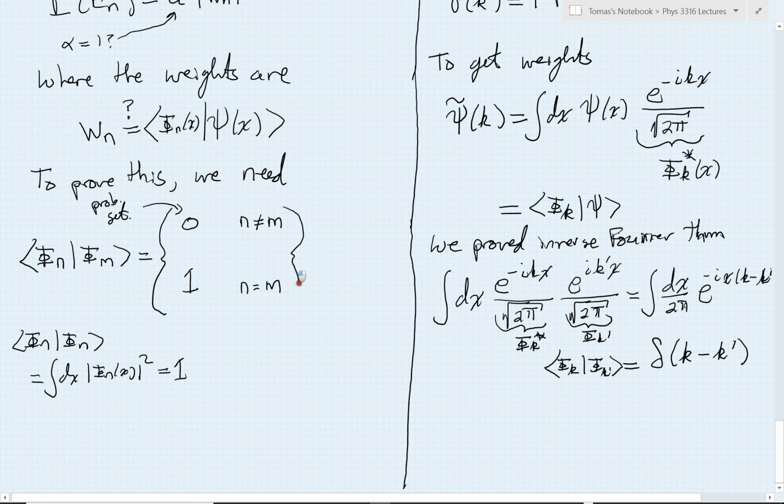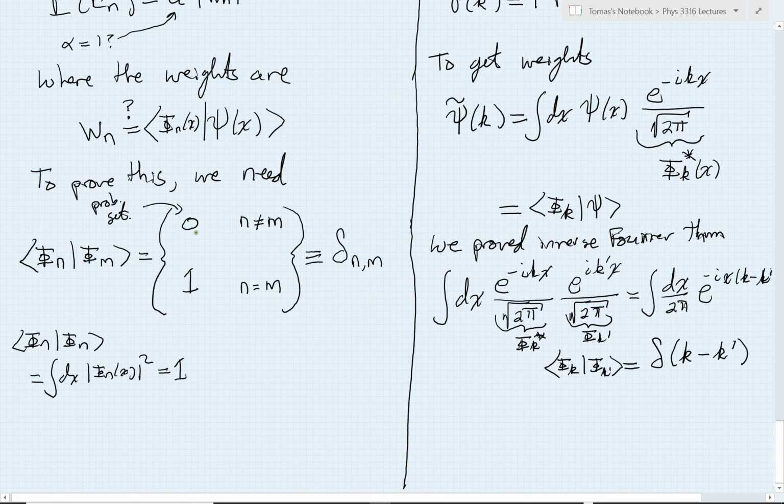This quantity comes up very often in these proofs, so it's very useful to give it a symbol or a name. Because of the close analog between what I'm finding here and the Dirac delta function, this is also called a delta function, delta, and it's a function of n and m. But it's a different type of delta function.